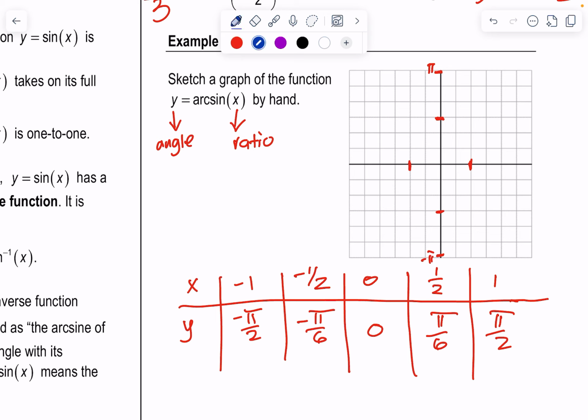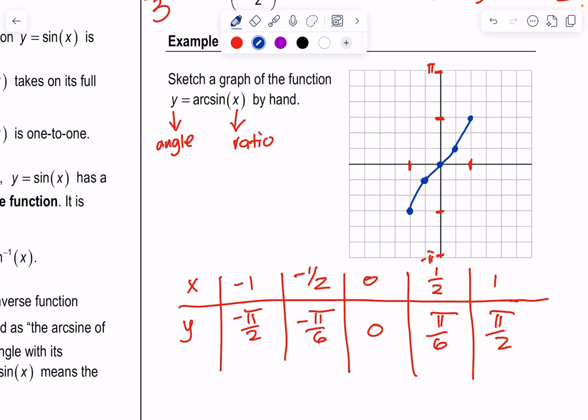So negative 1, negative pi over 2. So again, same thing. This is negative pi over 6, 2 pi over 6, 3 pi over 6, 4 pi over 6, 5 pi over 6, 6 pi over 6. So negative 1/2, negative pi over 6, 0, 0, 1/2, and pi over 6, and then 1 and pi over 2. So this is the graph.